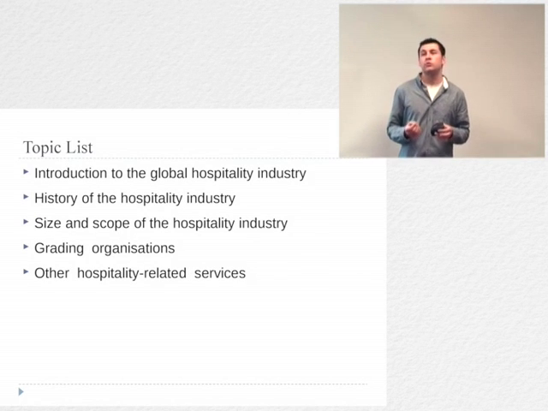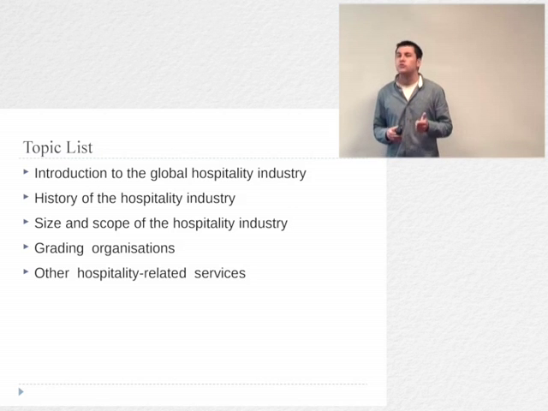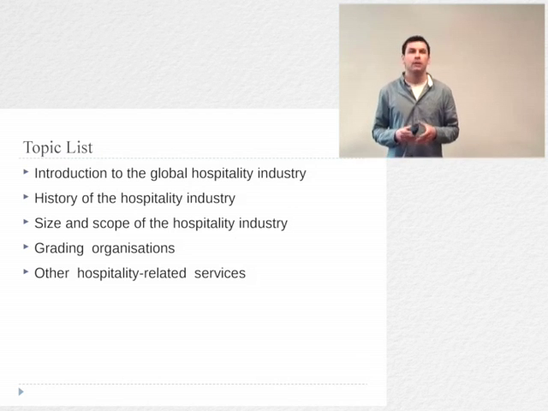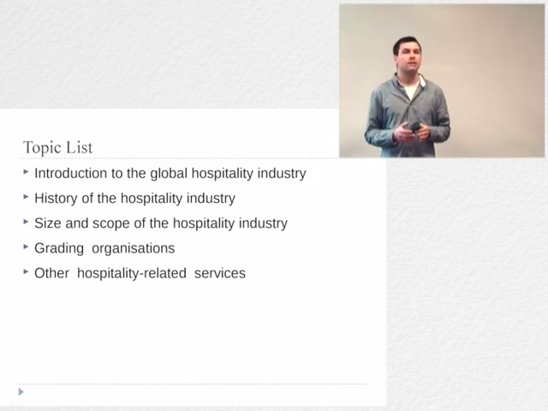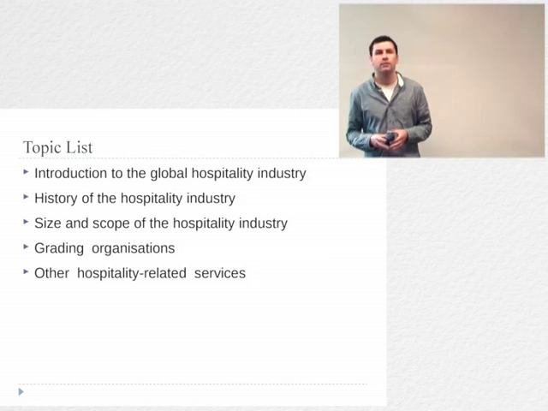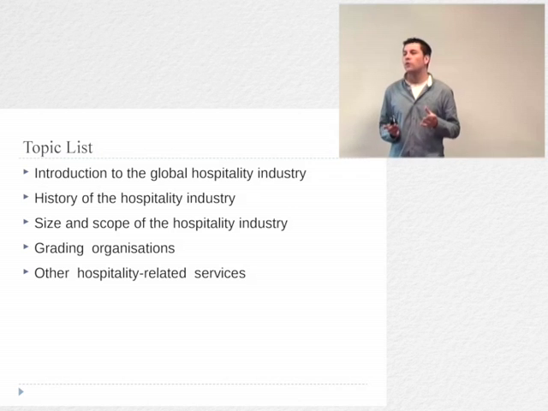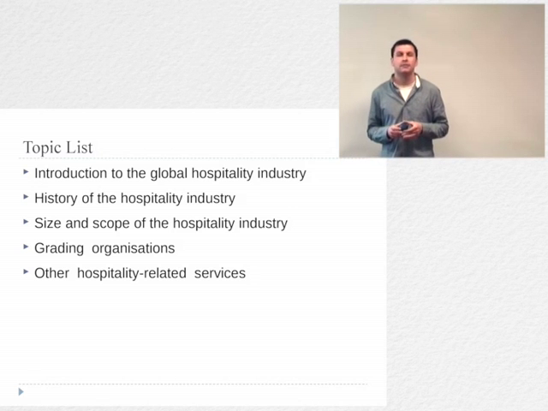The topics which we will look at are the introduction to the global hospitality industry, the history of the hospitality industry, the size and scope of the hospitality industry, grading organisations, and other hospitality related services.